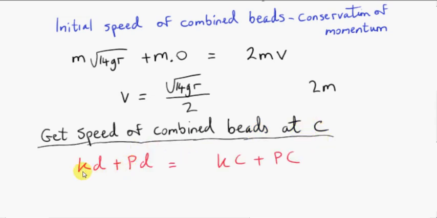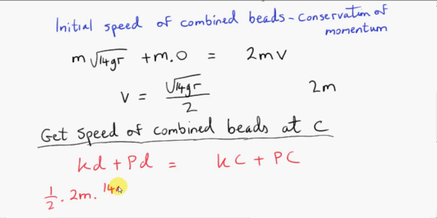So this time we want to get the total energy of the combined beads at point D, that's at the base of the circle, and set it equal to the total energy of the beads at point C, that's at the top of the hoop. So what's the kinetic energy? Well, it's a half times the mass. Well, what's the mass of the combined beads? That's 2m now. What's the speed squared? We have to square this quantity here.